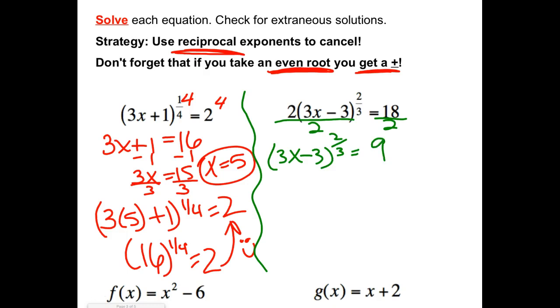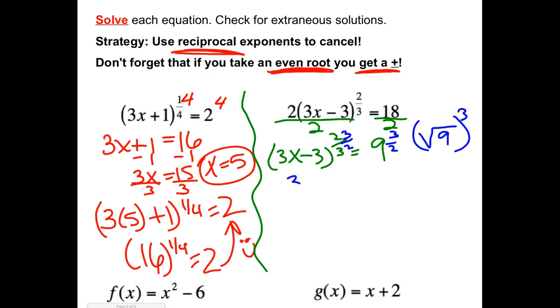So as I said, to get rid of 2/3, we're going to do 3/2. And because of the 2 on the bottom, what we're really doing here is the square root of 9 to the 3rd power. Well, the square root of 9 is plus or minus 3, to the 3rd power.